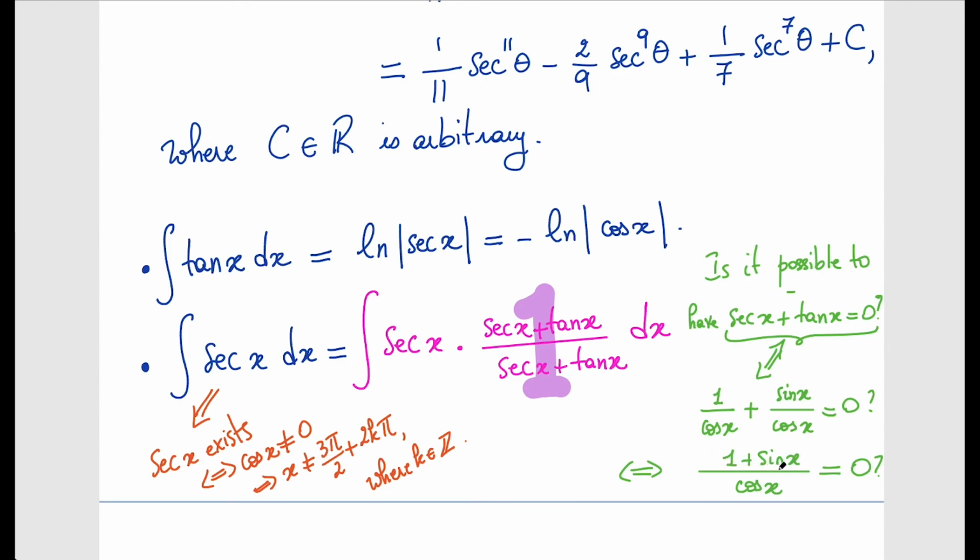Does that make sense? Because the only time 1 plus sine x is equal to 0 is when sine is equal to negative 1, and that happens precisely when x is 3 pi over 2 plus 2k pi for some k in z. Since x is none of those points, 1 plus sine x is not 0, and as such this quotient is not 0, and hence this sum is not 0, and therefore this is meaningful.